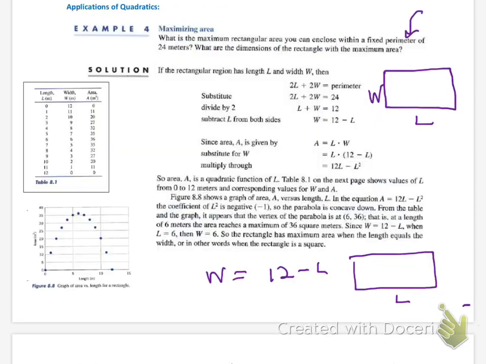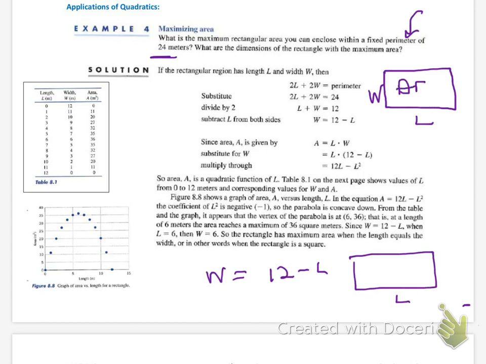Okay, so let's resume our discussion of this maximizing area problem, because it's kind of a neat problem. You take a rectangle, but when you are trying to maximize the area, that area can be represented as a quadratic, and this is why. If they tell you have a fixed perimeter of 24 meters, here is my garden to begin with.